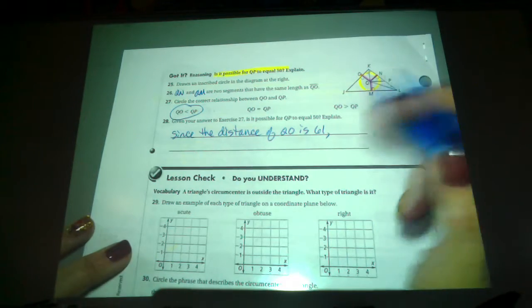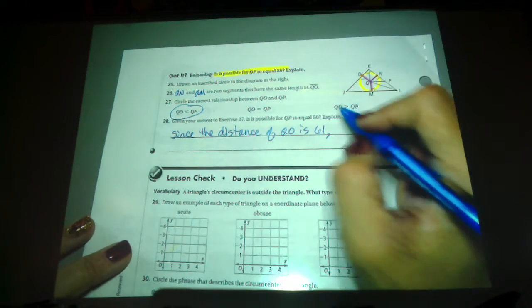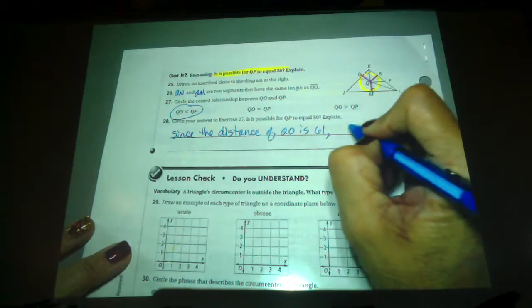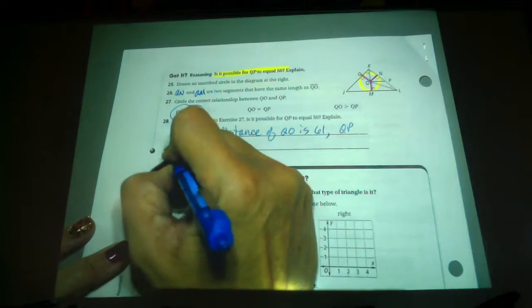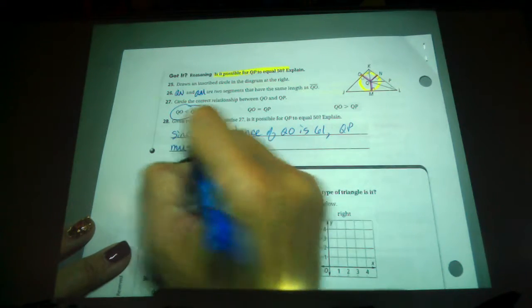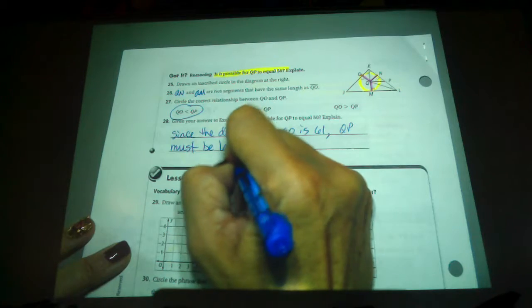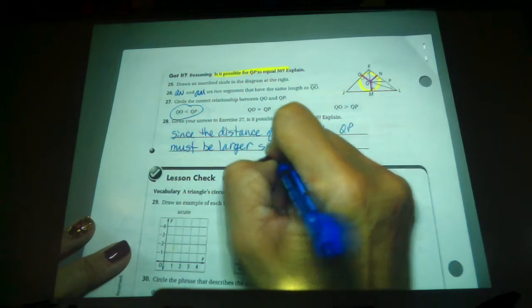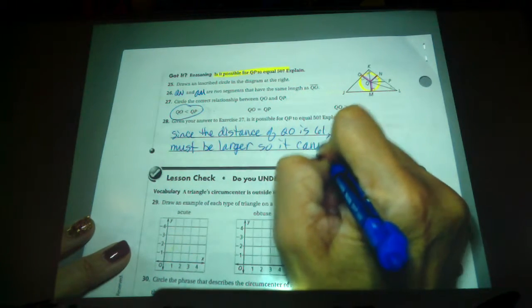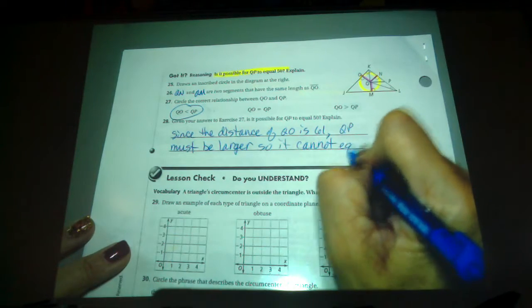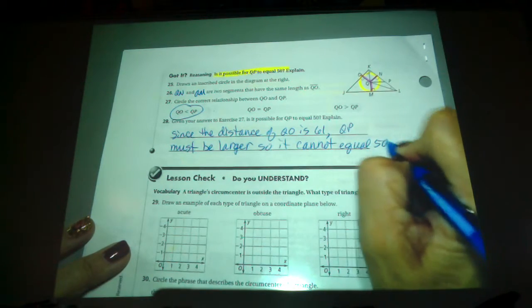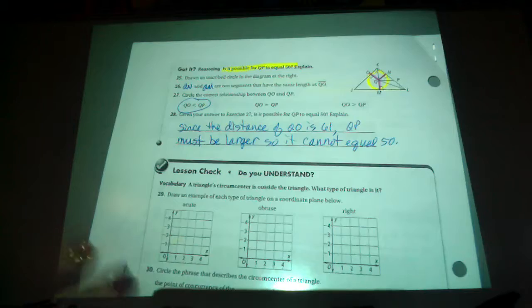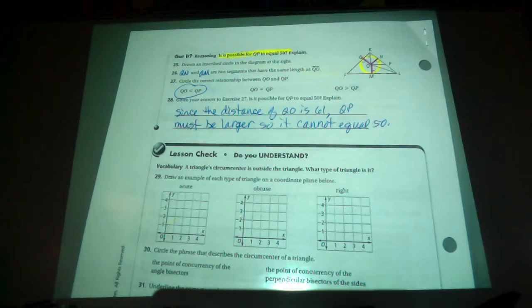No. Since the distance of Q to O is 61, Q to P must be larger, so it cannot equal 50. Just by drawing that circle in the triangle, we were able to make that comparison.